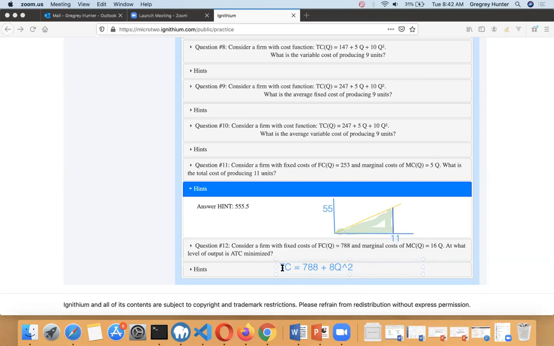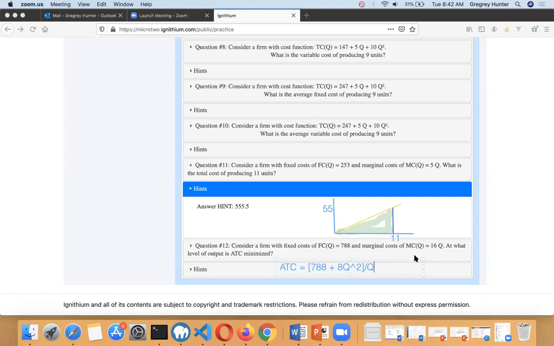Then like you said, for average total cost, we take all of that and divide it by Q, because that's our definition, right? Yes.